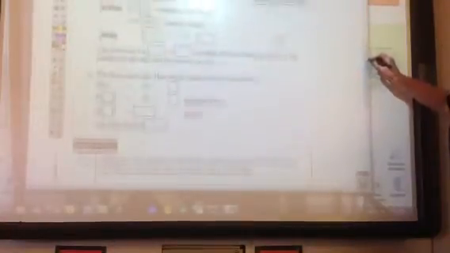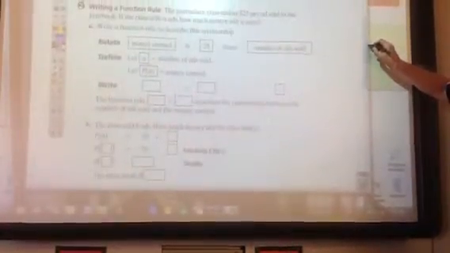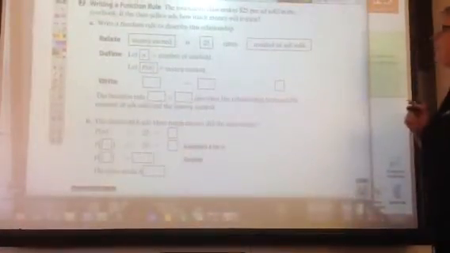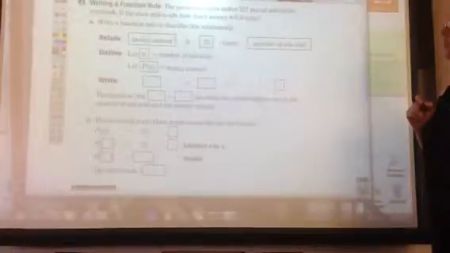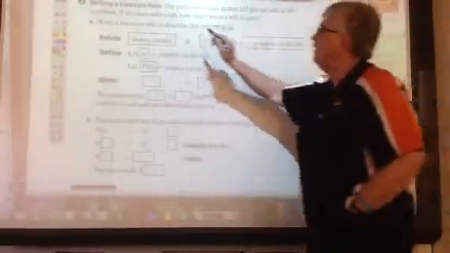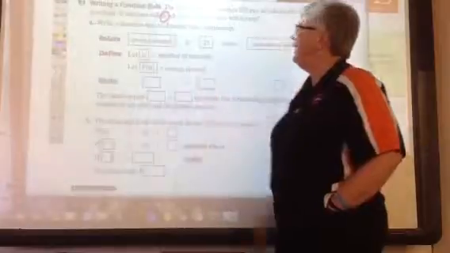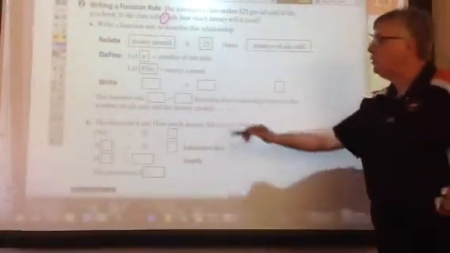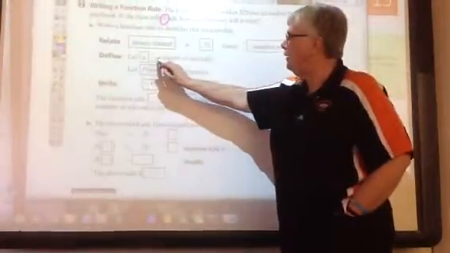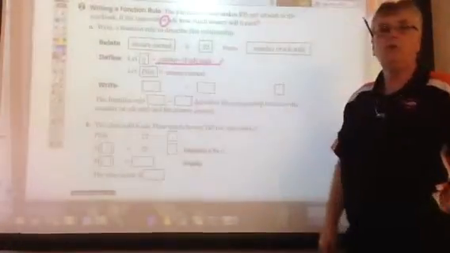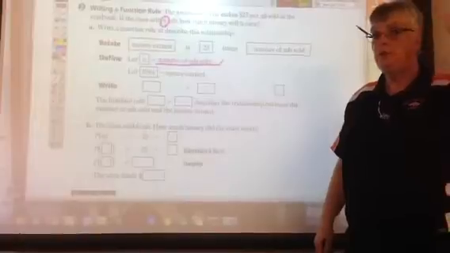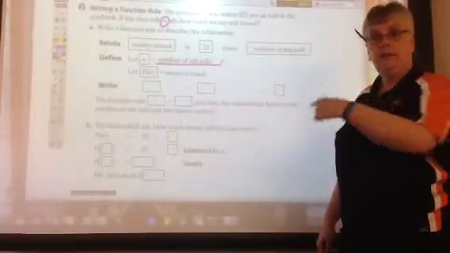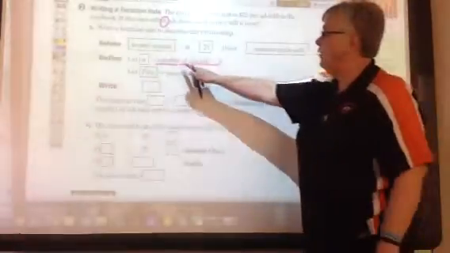Okay, so if you look at this first one, it says write a function rule. A journalism class makes $25 per ad sold in a yearbook. If N represents the number of ads, how much money will they earn? Well, this one's pretty easy because we know N is the number sold, and you have to tell me your variables. So when you get ready to write a function rule and it's not from a table, you have to tell me what.